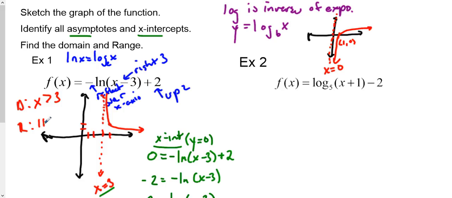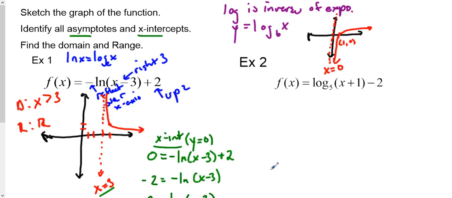So essentially, this is all real numbers. It's the opposite of what an exponential graph would be. And I think we just answered the questions. So here's a log. Here's a sketch of the graph using transformations. We found its vertical asymptote and the x-intercept, and then identified the domain and range.